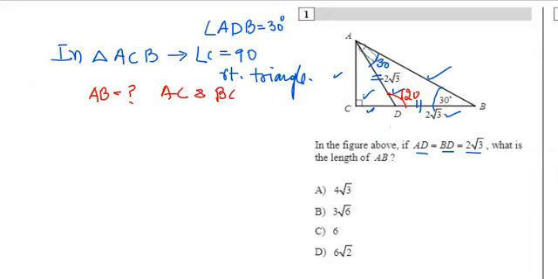Now let us consider triangle ACD. This angle is 120 degrees, so this angle must be 60 degrees because the total has to be 180 degrees. And now this is 60, this is 90, so this angle is 30 degrees. So triangle ACD is also a 30, 60, 90 triangle.